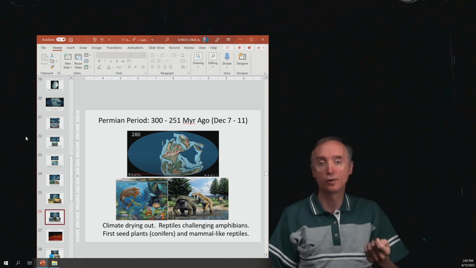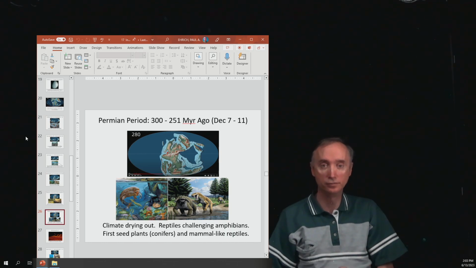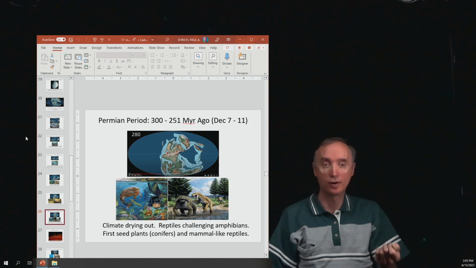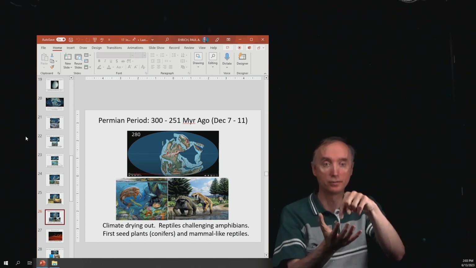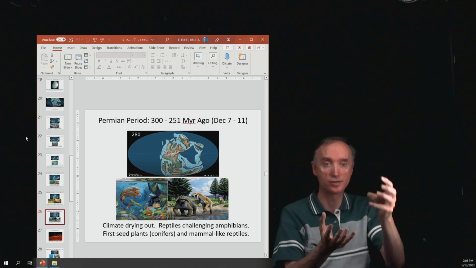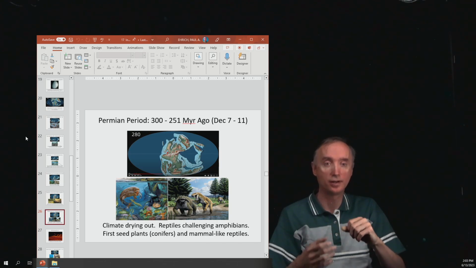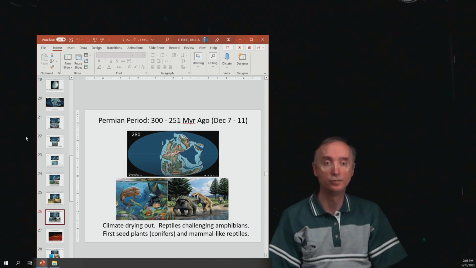What advantage does a reptile have over an amphibian? It can lay its eggs on land. An amphibian has to lay its eggs in water. So a reptile has a self-enclosed shell that has water inside of it, so that its progeny, it's like it's living in water.